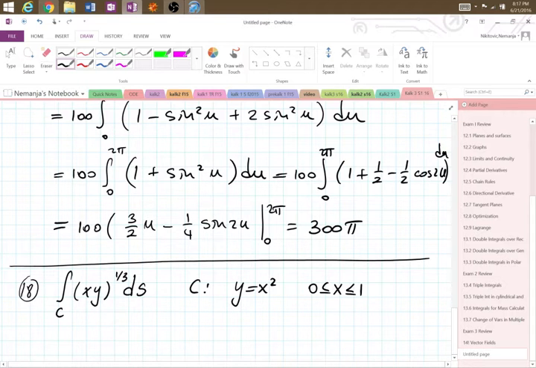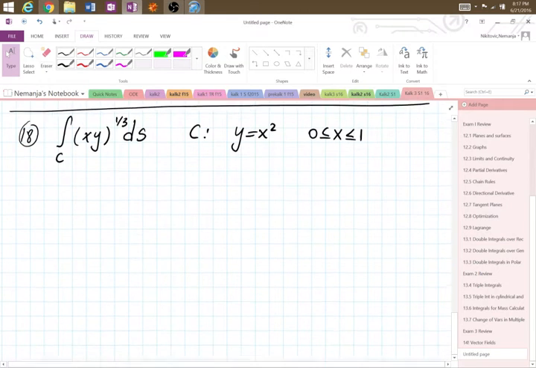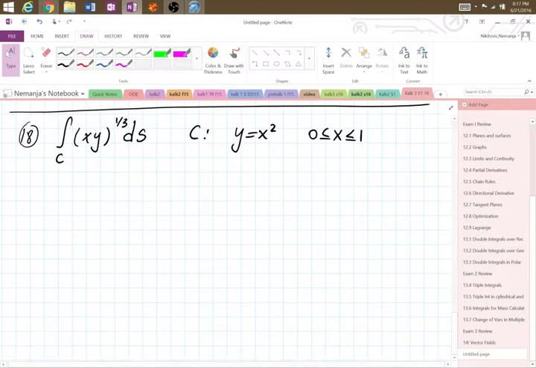Try to do this on your own. I'll put the formula one more time on the board so you know it. Integral over C of f ds is equal to the integral from a to b of f of x of t, y of t times the magnitude of r prime of t dt.